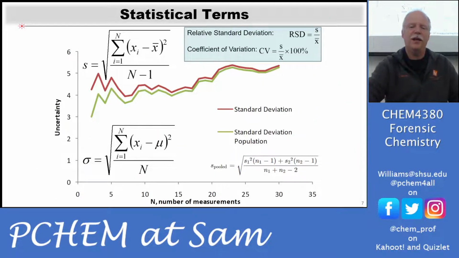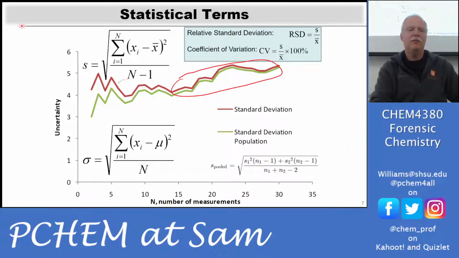what happens. There's nothing magic that happens at n equals 14, or n equals 15. I've calculated both the population and the sample standard deviations and plotted them on here. But you can see as the number of measurements goes up, these get really close to each other. But for small numbers of data points, like 2, 3, 4, 5 measurements, they're quite a bit different.